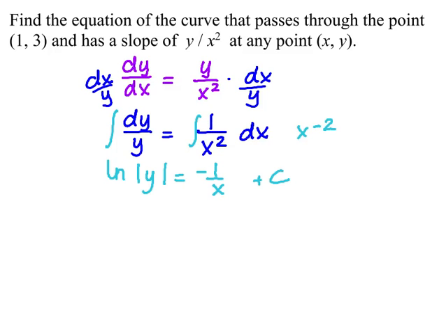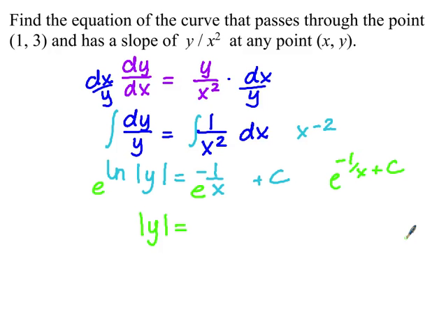So now I need to solve this. So what am I going to do? How do you undo ln? E. Okay, so on the left side you have y equals. Now really what ends up happening, because I know some of you are probably wondering how this happens, this is what you get when you take e to the both sides.